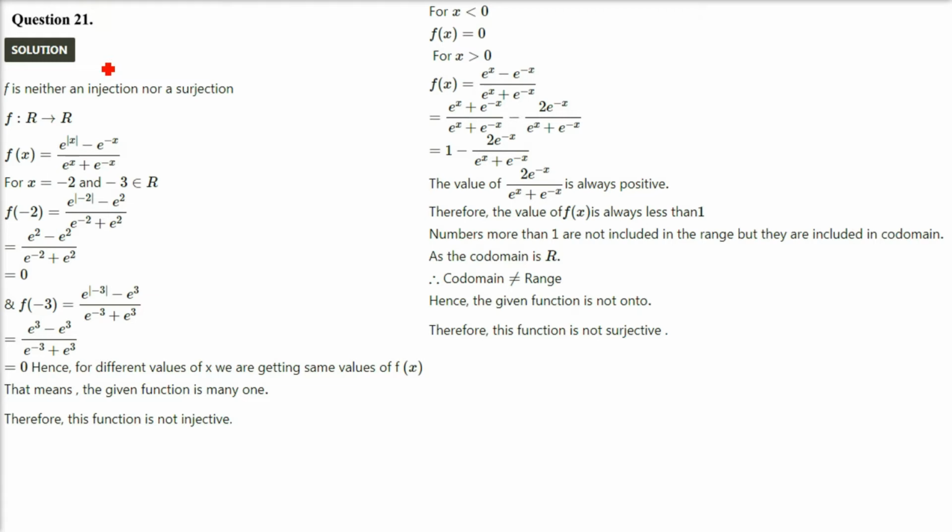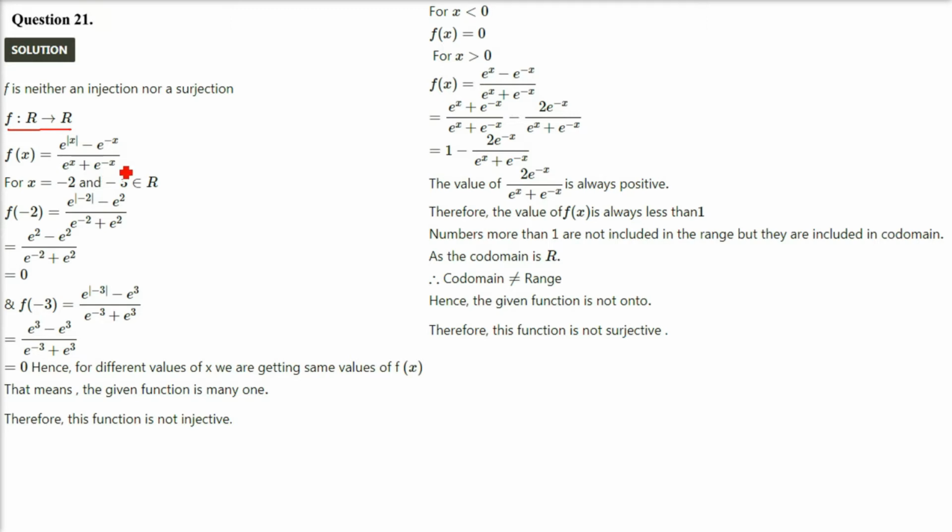Let f be from R to R, real number to real number. This is a function defined by f(x) equals e to the power mod x minus e raise minus x, divided by e raise x plus e raise minus x.